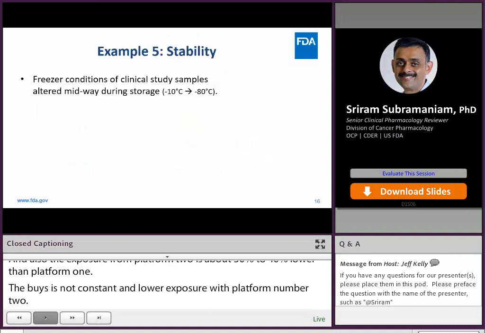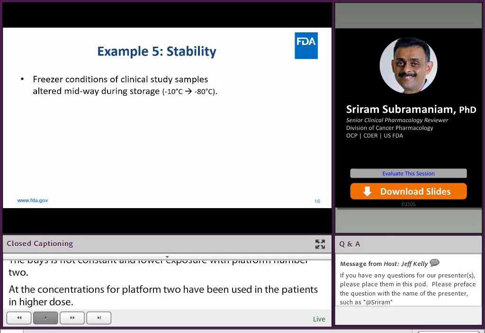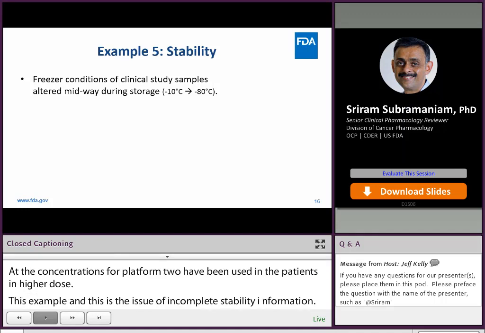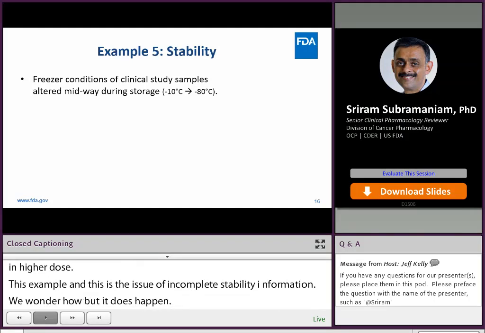This example addresses the issue of incomplete stability information. You may wonder how, but it does happen. Freezer conditions of study samples were altered midway during storage from a higher temperature storage condition to a lower temperature storage condition.